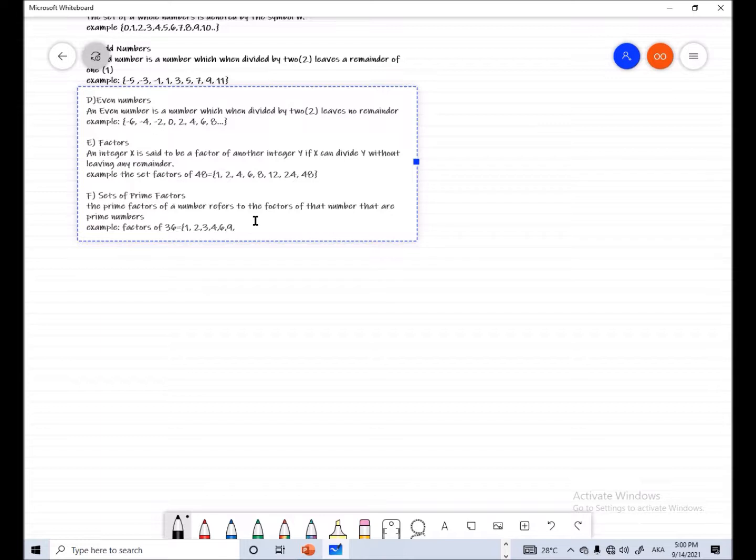There's no 8. You say that factors are numbers that when we divide 36 by them, we never get a remainder. So let's see 8. No, there will be a remainder.